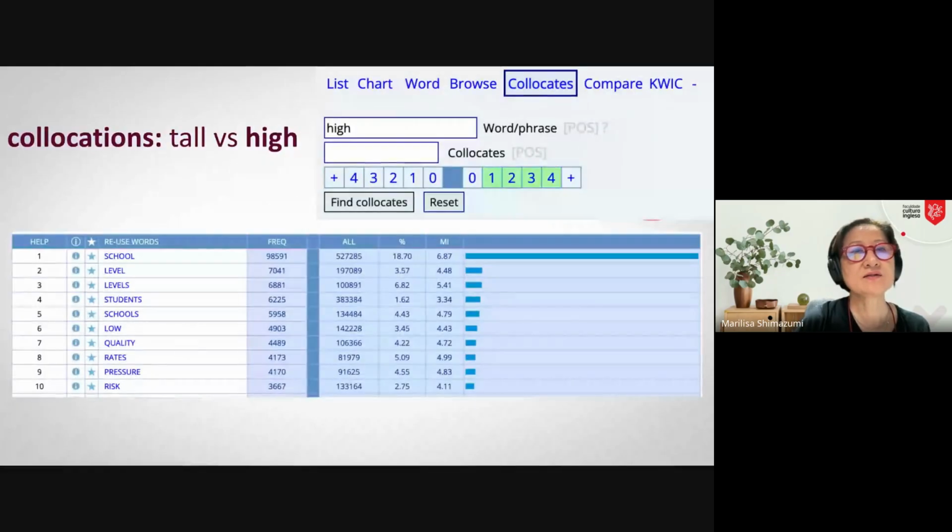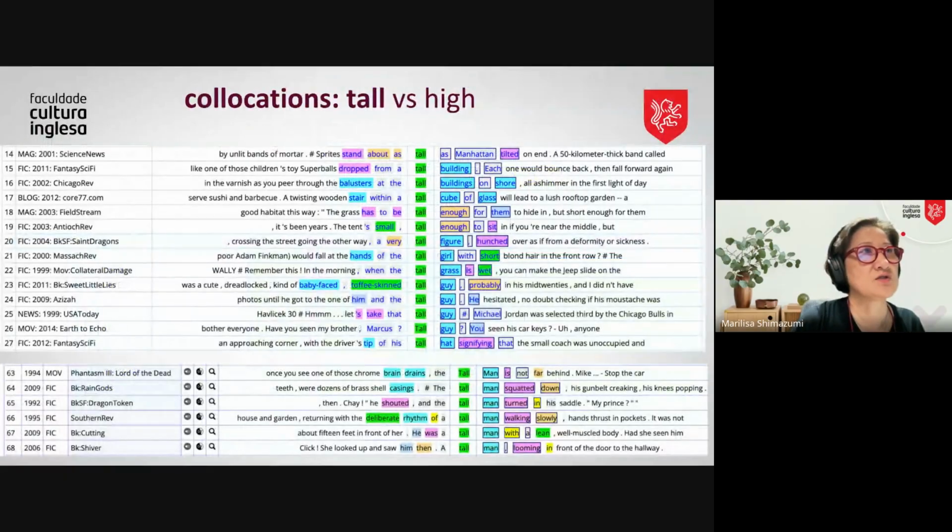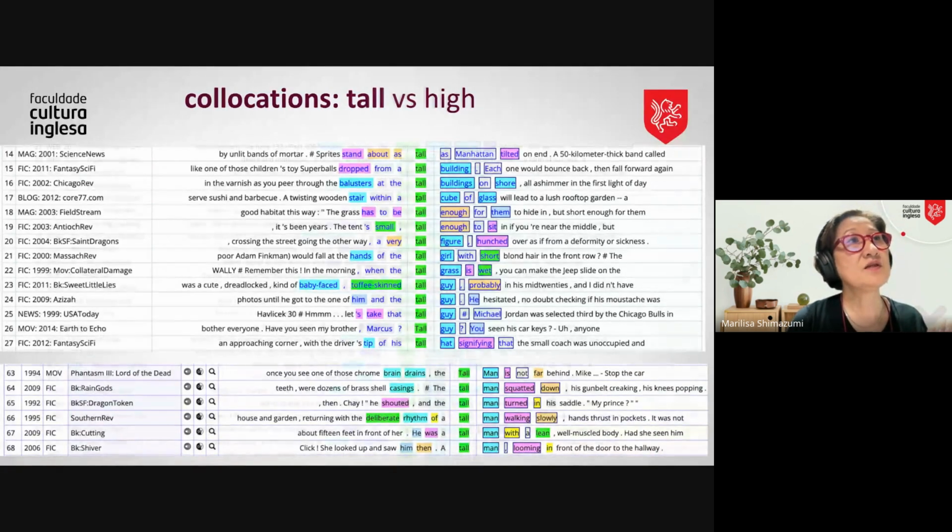So coming back to my presentation so that we keep up with a more logical organization here. This is what I have just shown you, and I used the COCA live. It's working. The connection is great. So when we use tall, we use it for these entities, for this phenomenon.